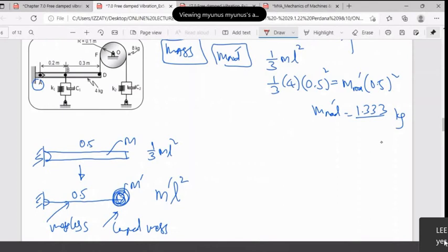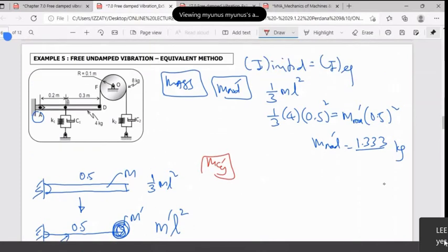Now we move to the M cylinder, M cylinder prime. The initial mass moment of inertia is half M R square, equal to M prime R square, whereas this one is M prime L square.